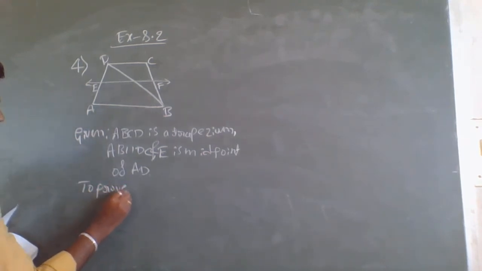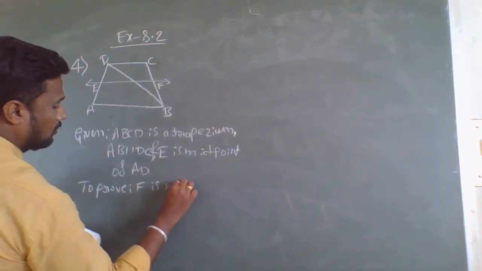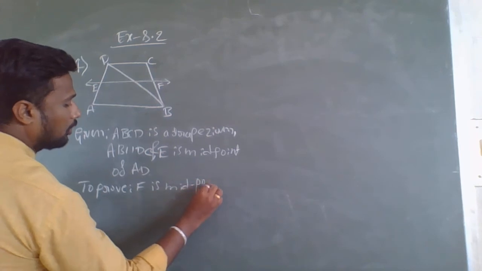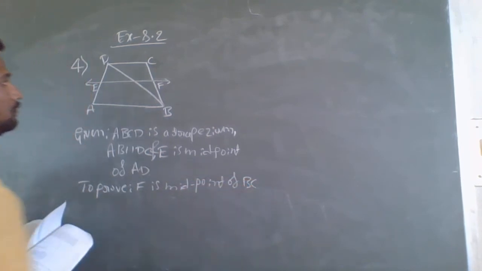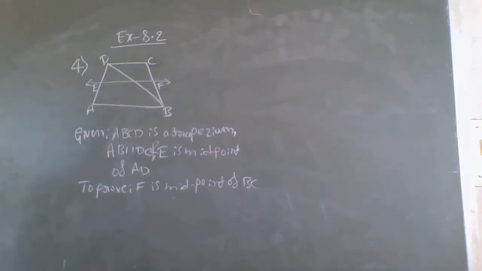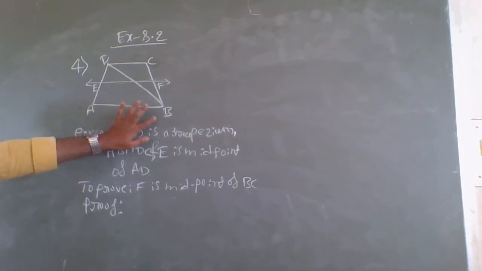What we have to prove is that F is the midpoint of BC. So now, to prove this, first I will consider triangle ABD.